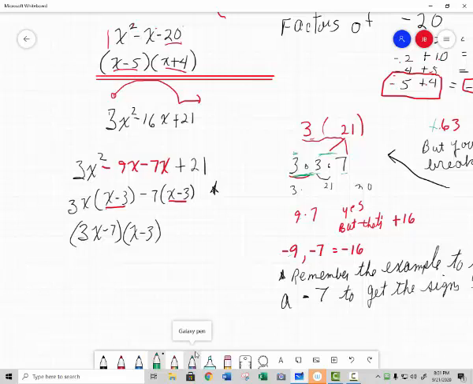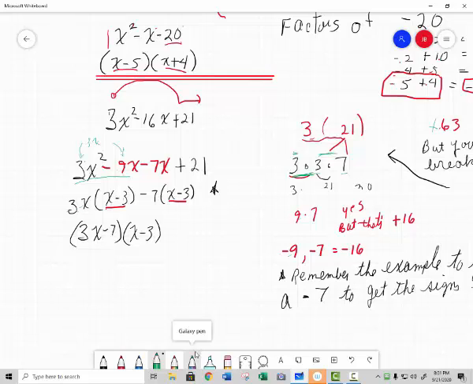Well, I'm going to group the first 2 together and factor what's common. It looks like a 3 and an x are common in those two. So I'm going to take 3x out of here and out of here, and I'm going to write it as 3x times x minus 3. If I distribute that, 3x times x is 3x squared, and 3x times 3 is negative 9x.